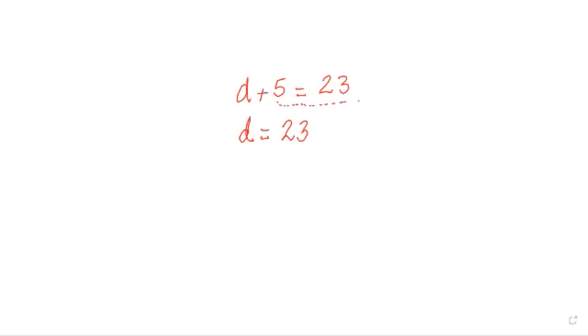What will happen to plus 5? Yes, Malak? Plus 5 will become... I think, 18. Yes, this 5 will go to the other side and will become minus 5, Malak, okay?